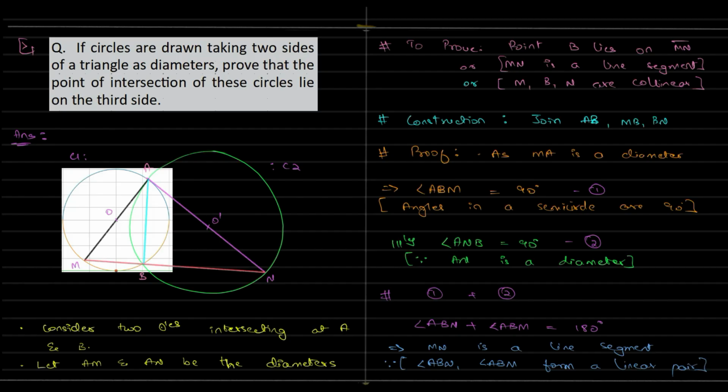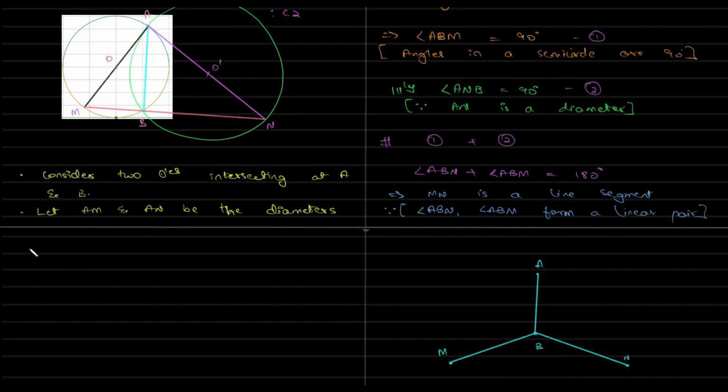So by proving so, we just prove that all of these 3 points are on the same straight line, and so point B lies on MN. Hence proved. So this is your proof.